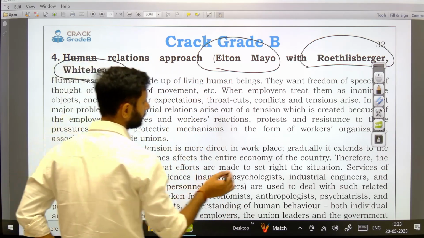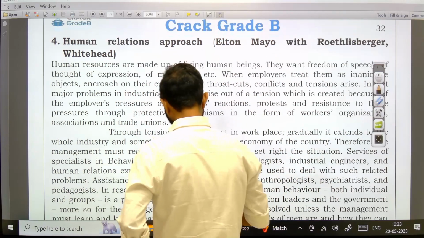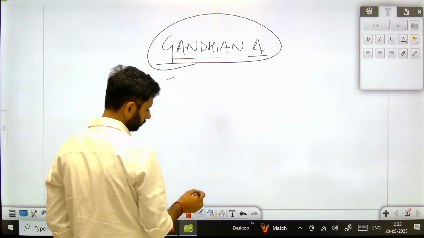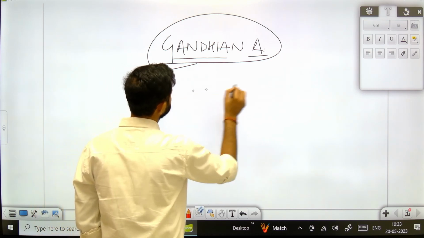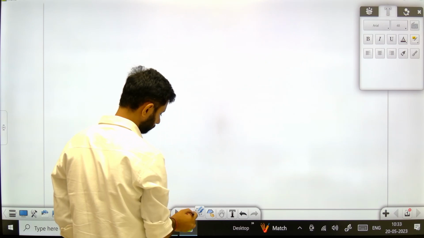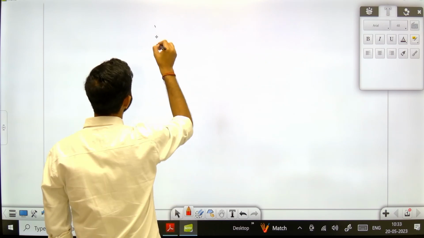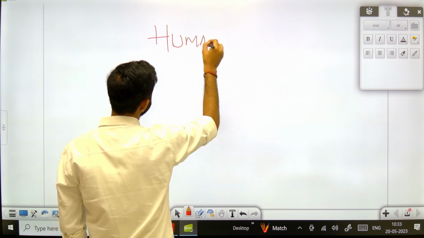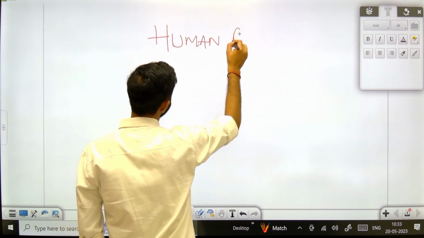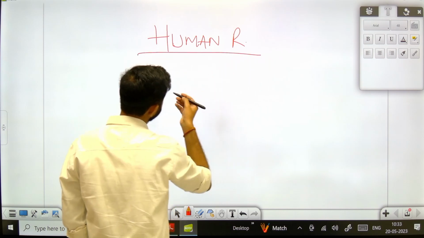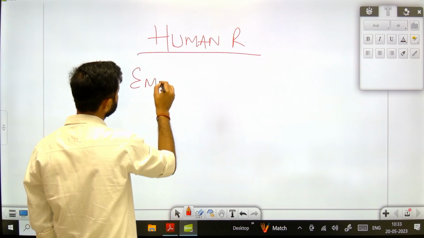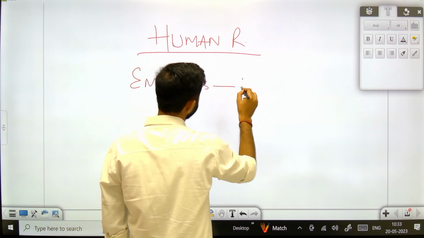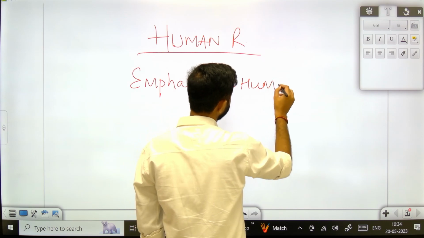Okay, let's understand what we mean by the human relations approach. In the human relations approach, the main emphasis is laid on human motivations.